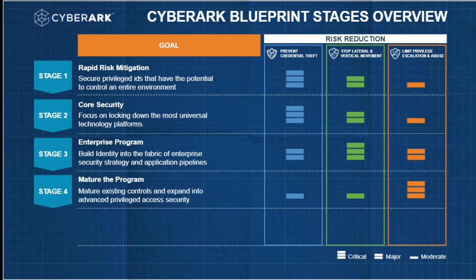Come stage 4, well-established security controls are in place that expand wider within the organization to new platforms as well as going deeper. Going wide expands vaulting, isolation, and analytics to network and infrastructure gear, as well as on-prem business applications. This is the perfect opportunity to provide single sign-on to these on-prem apps.